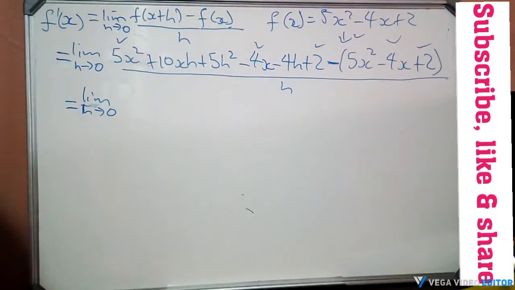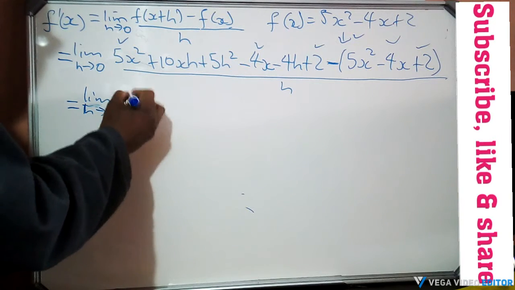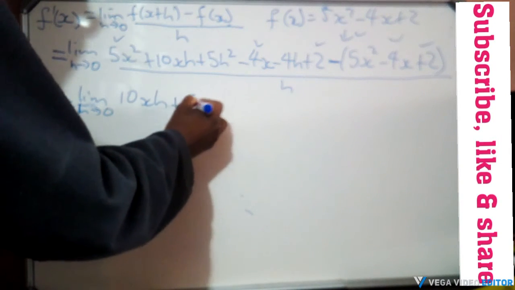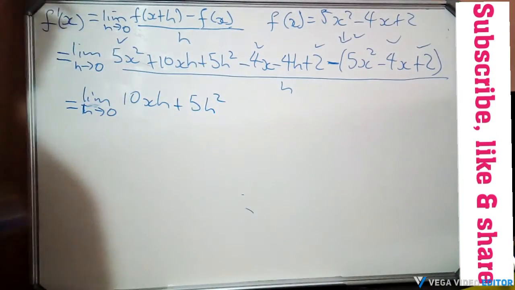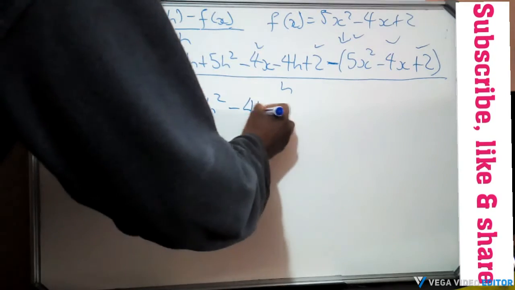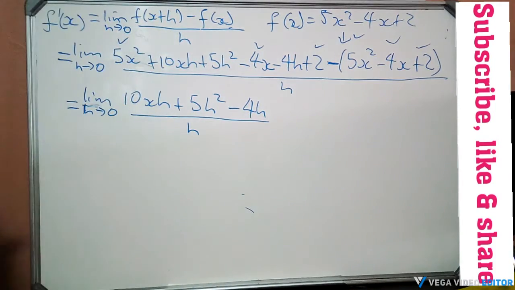What is remaining now is 10xh plus 5h squared minus 4h, divided by h. All right, that is what is left.